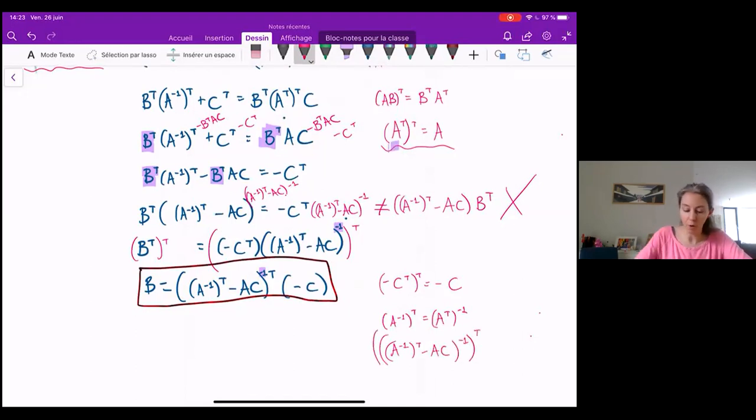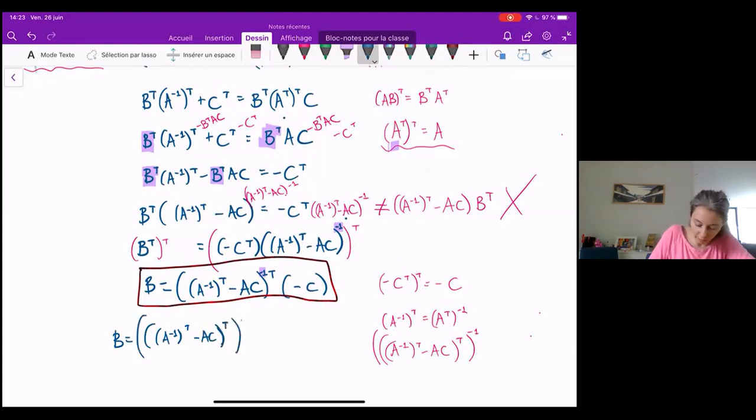I can flip the order of those things. I can say that this is the transpose inside with the inverse outside. So now B is equal to A inverse transpose minus AC transpose, that we're then inverting, times negative C.